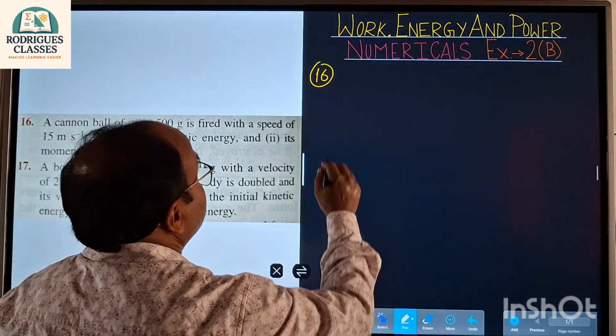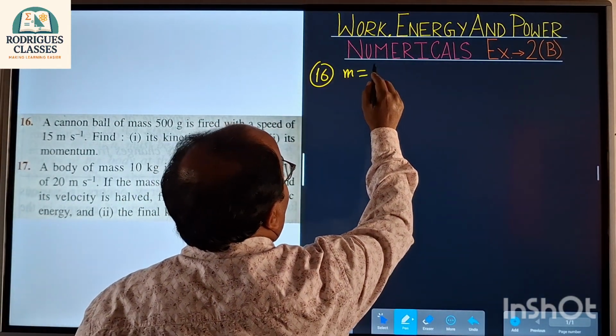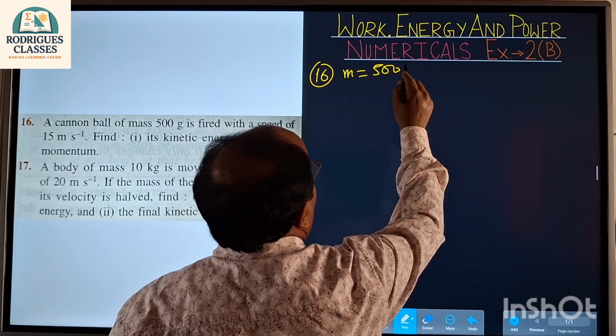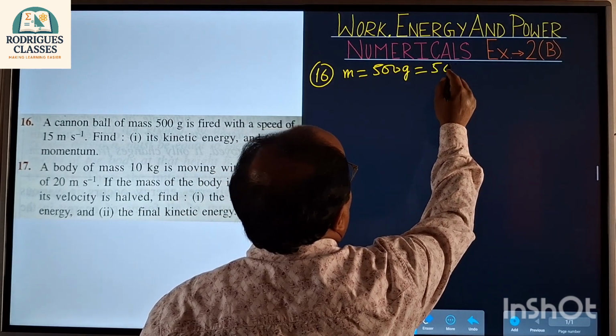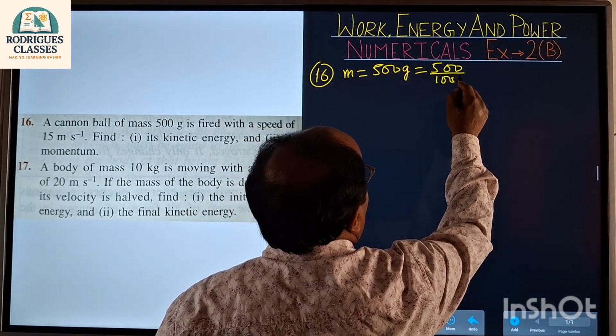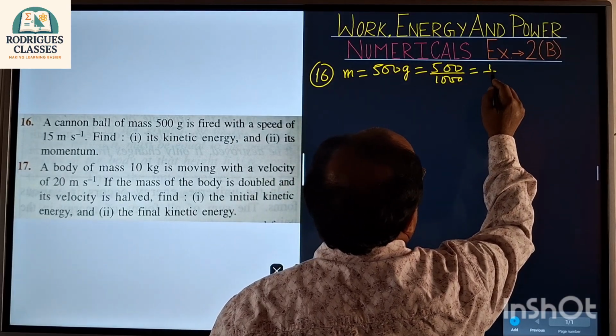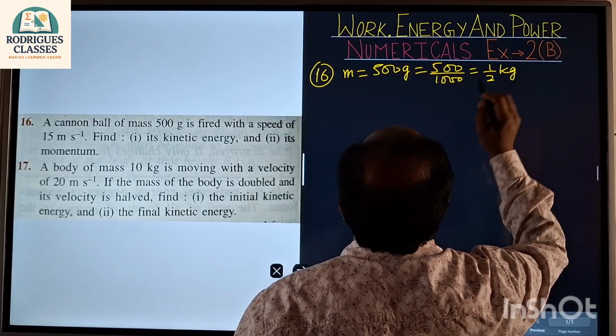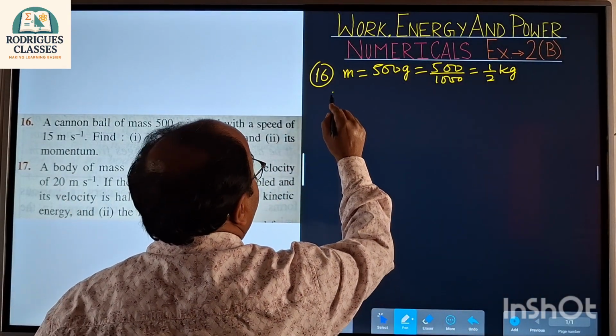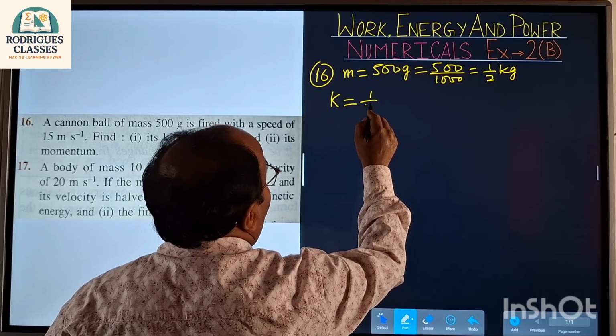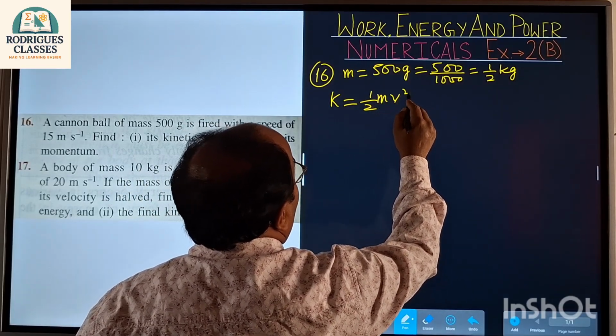So first of all, this mass which is there is 500 gram. So I am writing here 500 by 1000. So this will change to kg and it will become half kg. Okay. So kinetic energy I need to find first. So half mv square.